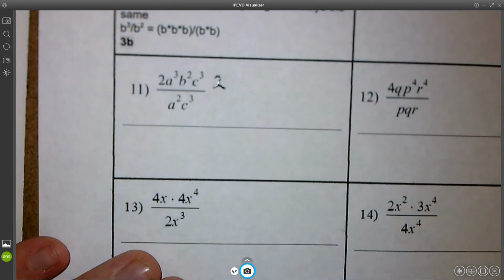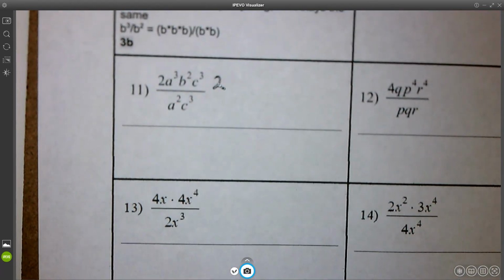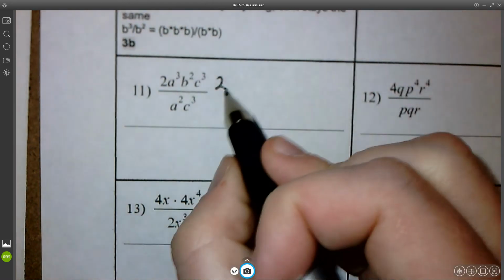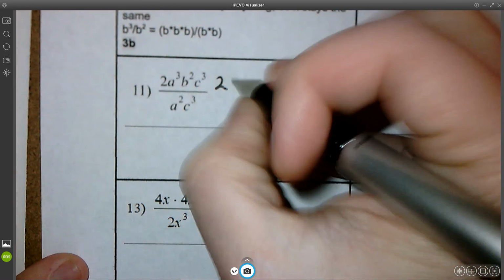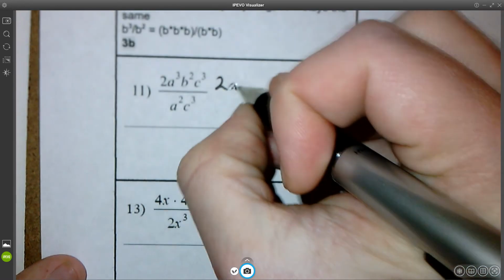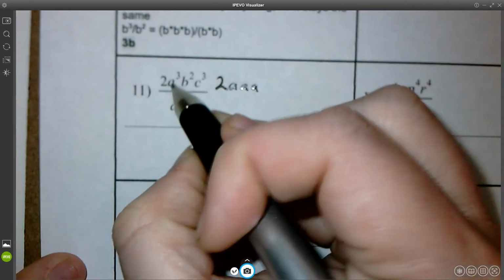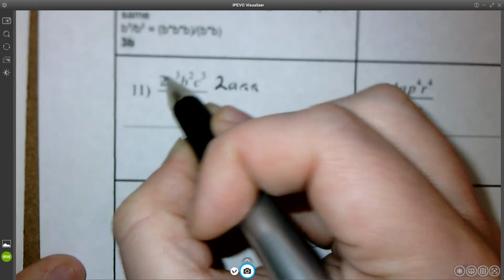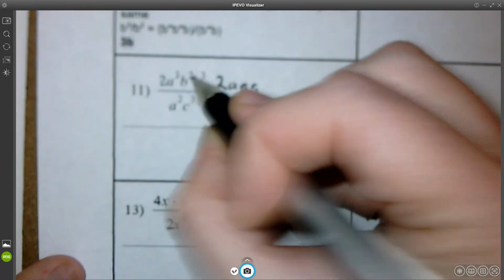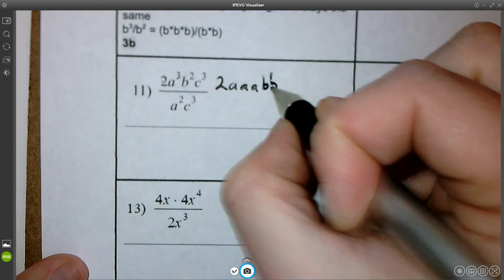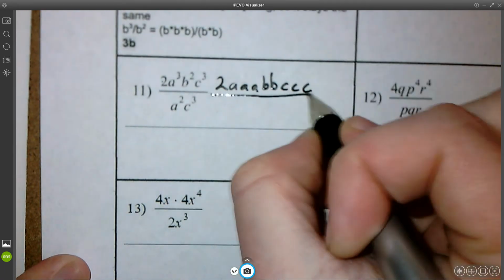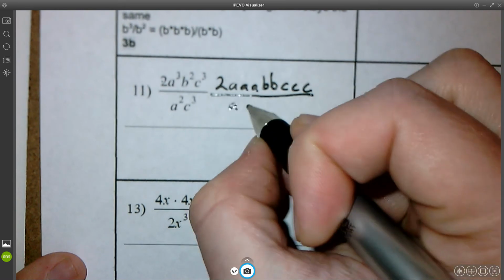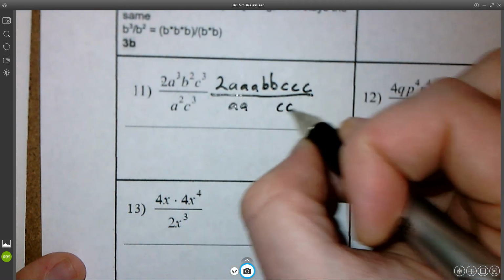Now we're starting to get more complicated stuff because now we have 3 different variables. So again, even though it takes longer, we have a 2 and 3 a's, 2 b's, and 3 c's, divided by 2 a's and 3 c's.